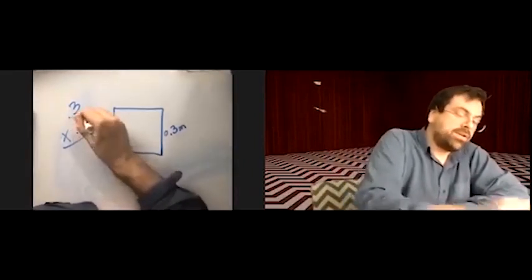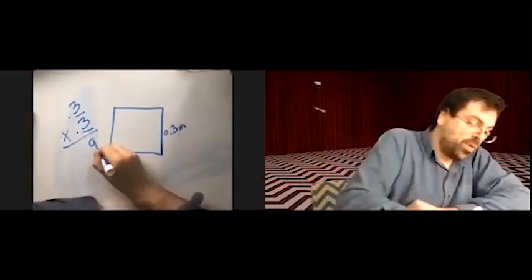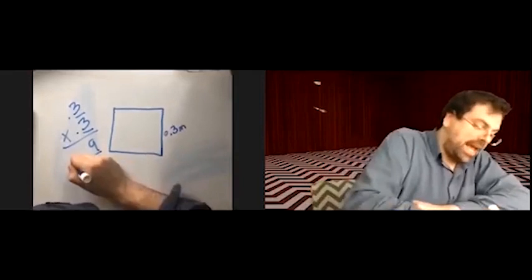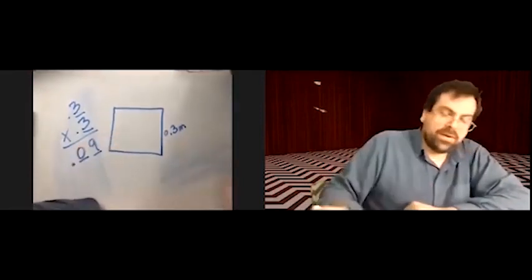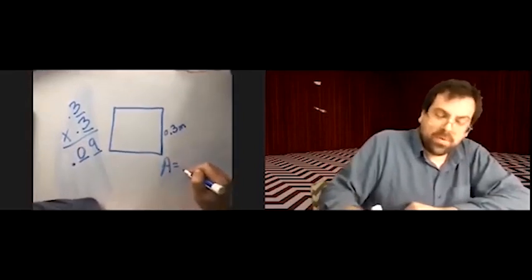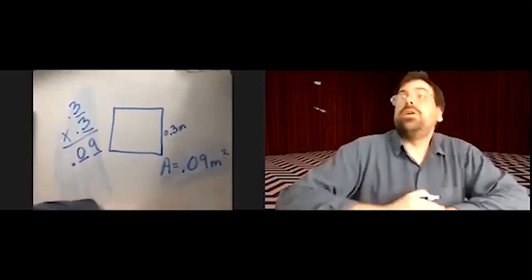But notice 2 spaces past the decimal. So 1, 2 spaces have to be there. So the area would be 0.09 square meters.